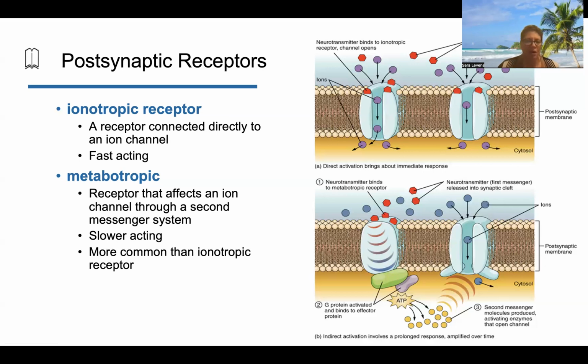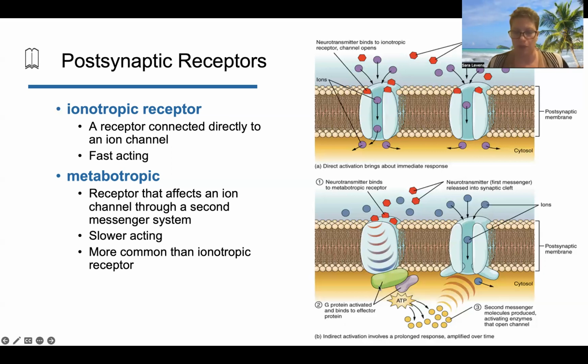The final type of postsynaptic receptor is a metabotropic receptor, and this is a receptor that affects an ion channel through a second messenger system. I'll go through it in a second. Metabotropic receptors are slower acting, and they are more common than ionotropic receptors. In these, you can see that the neurotransmitter binds, and this affects a molecule that has a G protein bound to it.